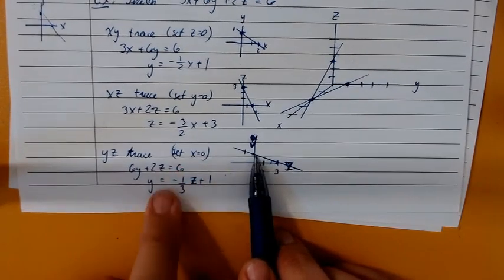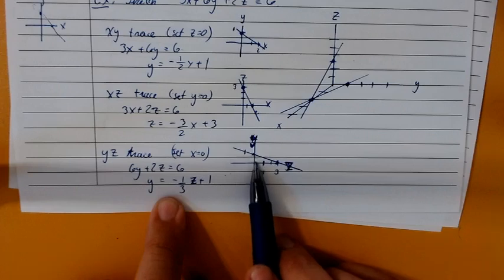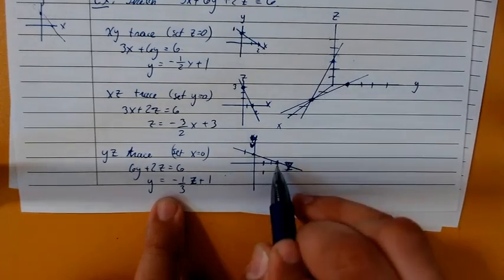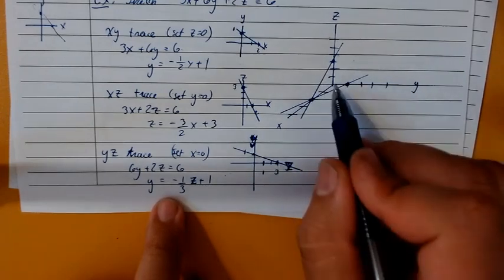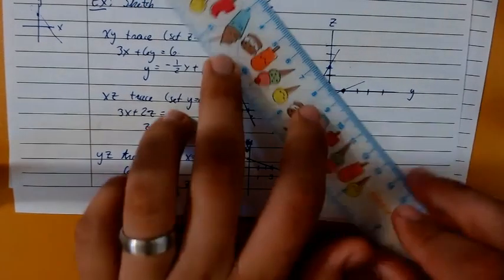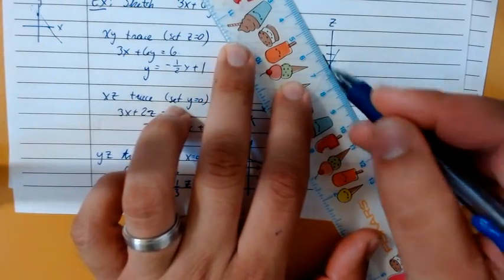And then my slope, down 1, right by 3. Okay, so it looks like on my y-axis, I'm one step in the y direction. Oh, that was this point right here. And then over here, I'm 3 steps in the z direction. Oh, that was this point right here. Oh, okay. Well, of course it was, right? They're all on the same plane.